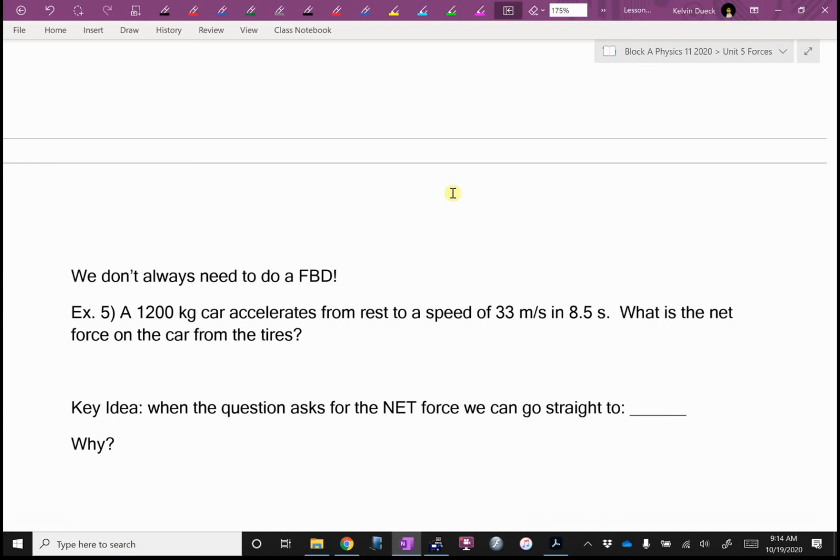And then once you've written that down, key idea. When the question asks for the net force, we can go straight to, and there's a blank. Once you're done copying all that out, look up and make eye contact with me, then I'll know I can move on. Take your time.